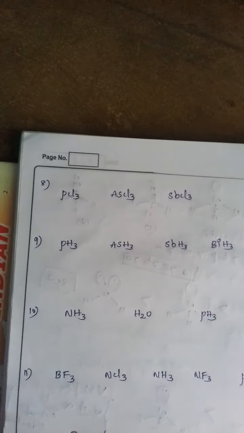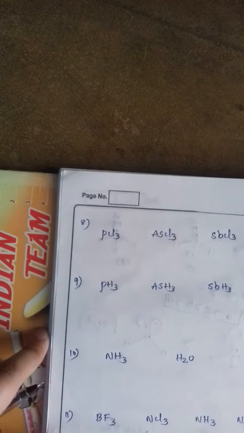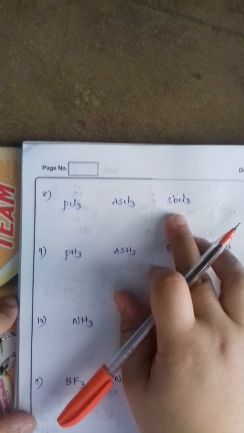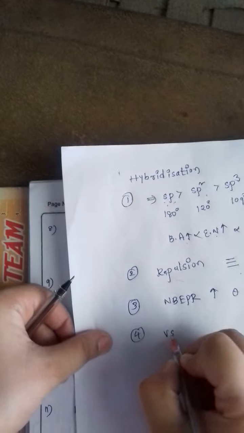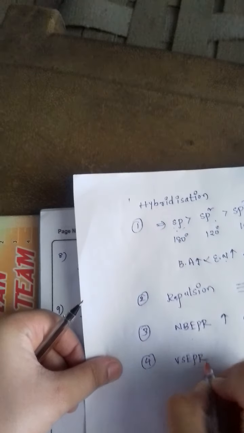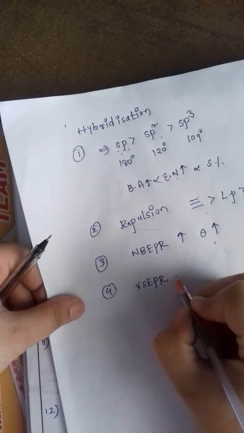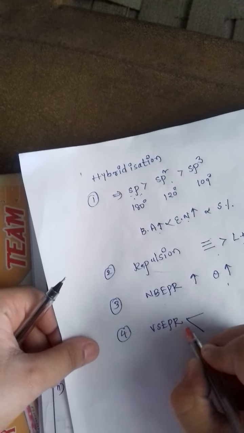Okay, now again questions. Here we see the electronegativity of the central atom. In VSEPR, you just see here, I'll divide it into three.